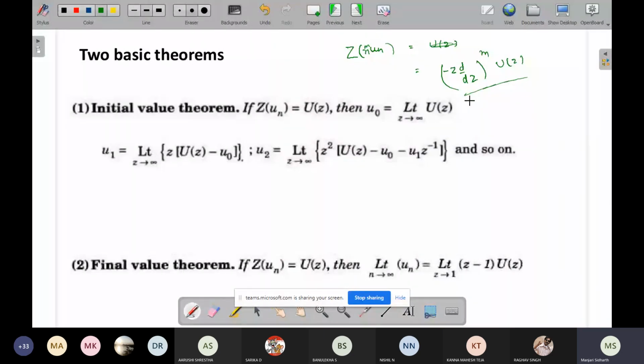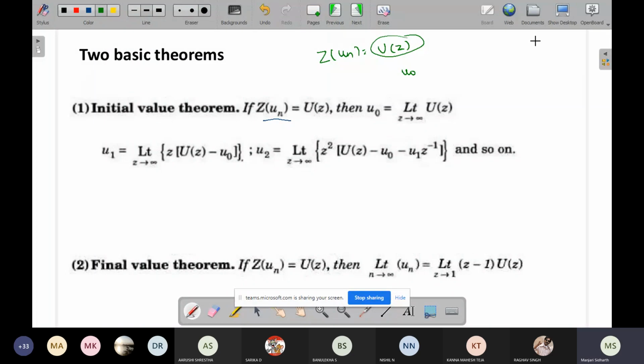Now we have two basic theorems. These are important ones, please remember these. First one is, suppose you have the Z transform of u_n as U(z). Capital U(z) is given and you need to find u_0, meaning the value of capital U(z) is given and the sequence is not given to you.